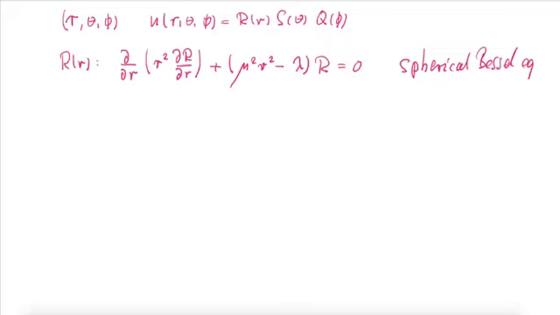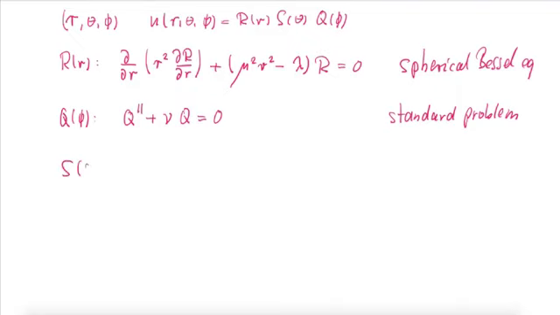The q problem, if you do this for the angle phi, will become q double prime plus nu q is equal to 0. Oh, so this is one of our standard problems. And then the s equation, which depends on theta, gets a very strange form.